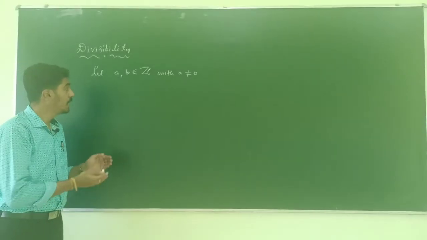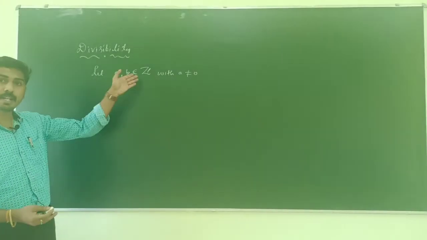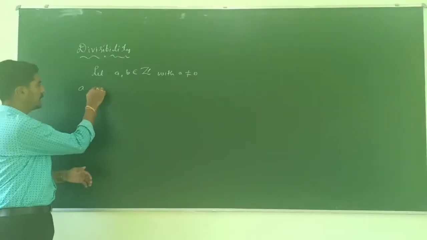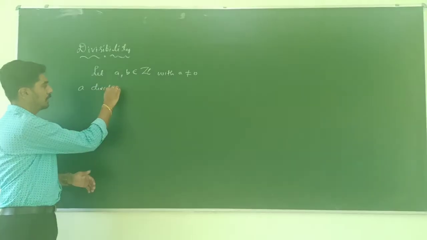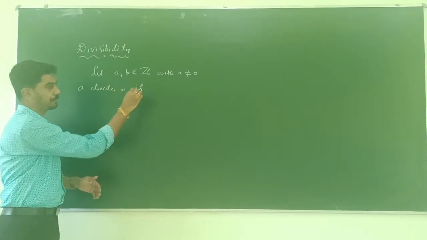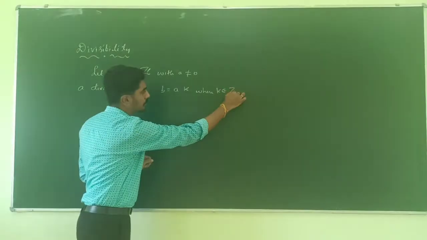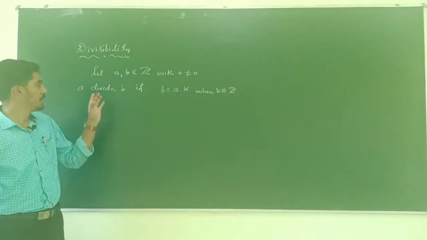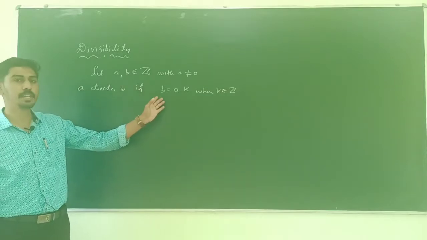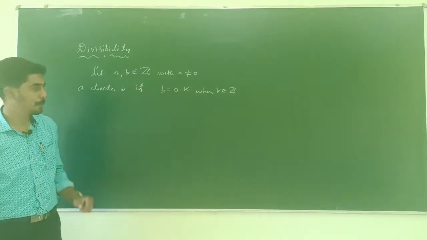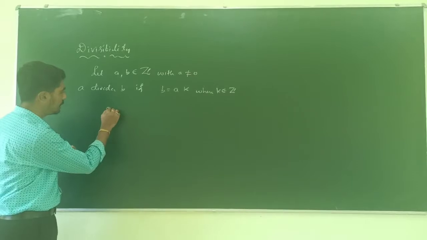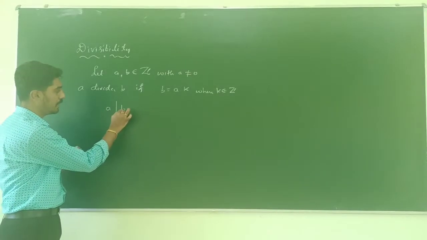Then we say that a divides b if b can be written as a into k, where k is some integer. So we say that a divides b if b is an integral multiple of a, and it is denoted by this symbol, a divides b.